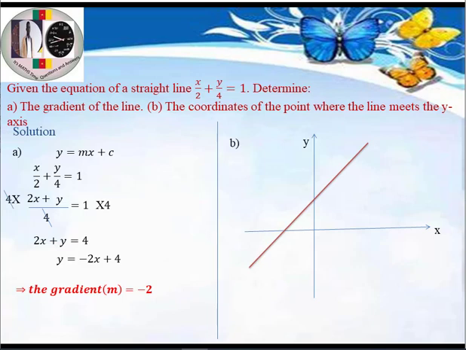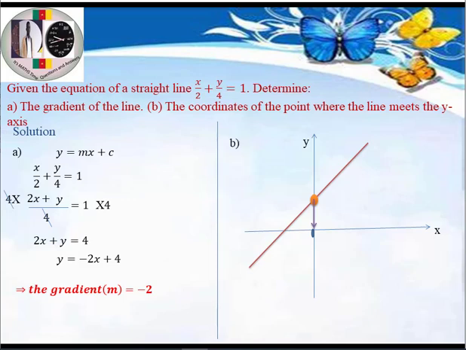So the point of intersection of the y-axis and the x-axis, we call it the origin. That is a point where the y and the x both have a coordinate of 0. Okay, so what is our interest in this case? Our interest is where the line meets the y-axis. So where the line meets the y-axis is that point. If we want to take the x value where the line meets the y-axis, we will see that the x value will be 0.